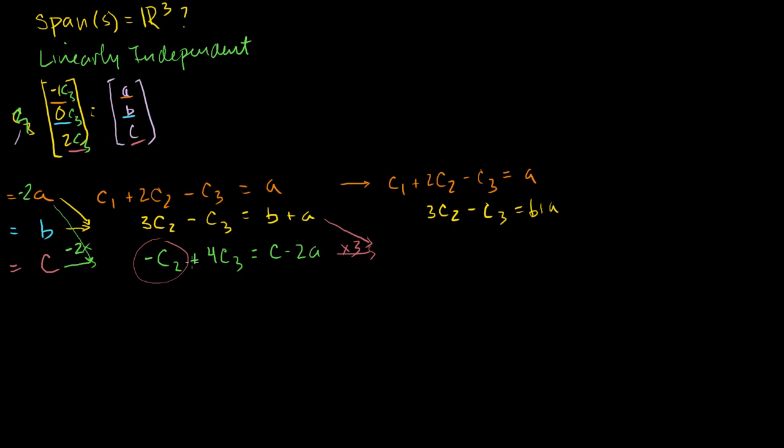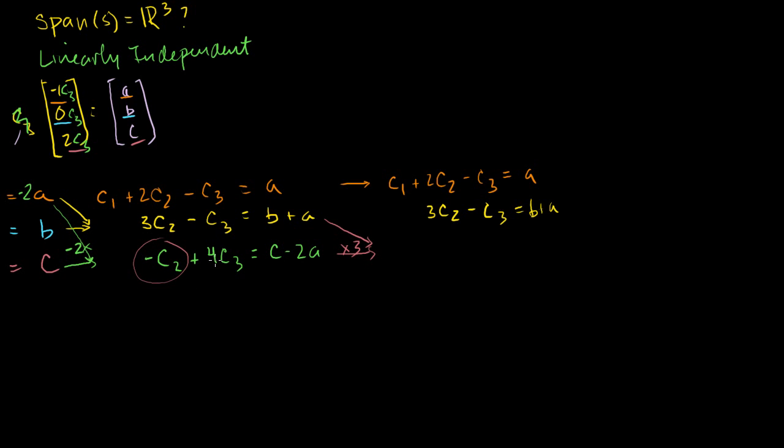So if I multiply this bottom equation times 3, this becomes a minus 3 plus a 3, so those cancel out. This becomes 12c3 minus c3, which is 11c3. Oh, sorry, I was already done. When I do 3 times this plus that, those cancel out.